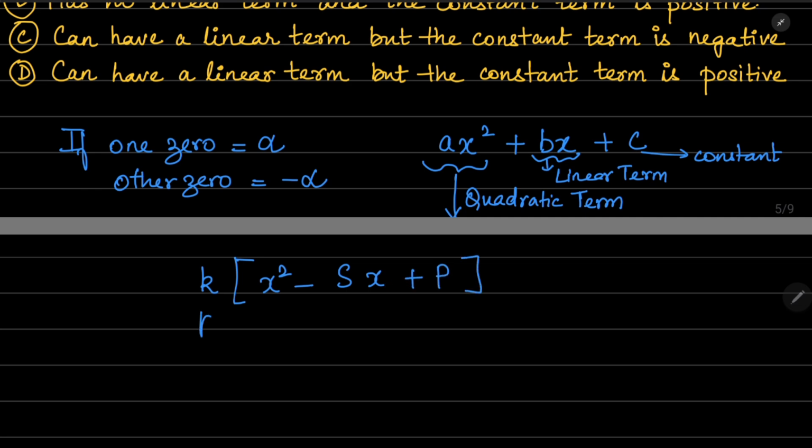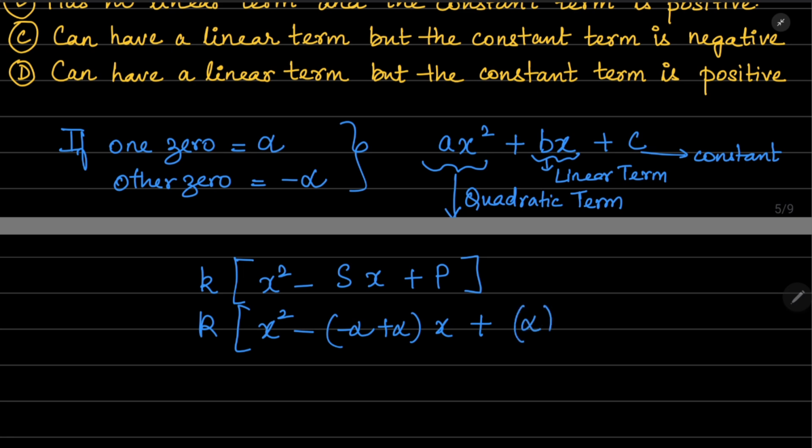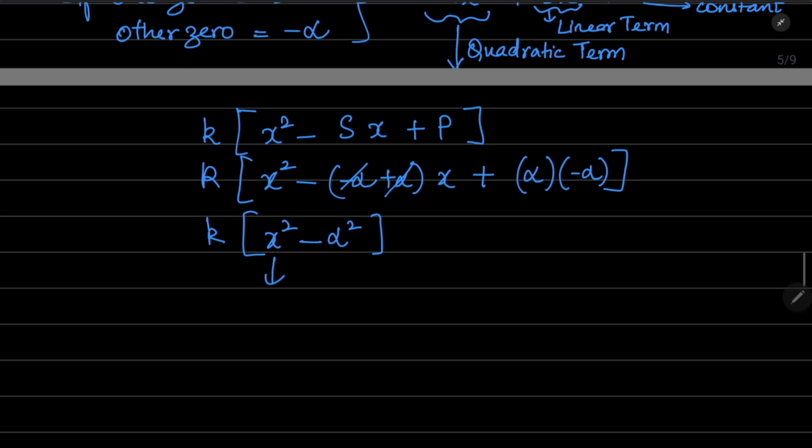Just add these two zeros: minus alpha plus alpha into x, plus the product of the zeros, alpha into minus alpha. So minus alpha plus alpha gets cancelled, and you have x square minus 0, so the entire second term becomes 0. Then you have alpha multiplied by minus alpha, which is minus alpha square. What is this x square? As I told you, this is your quadratic term.